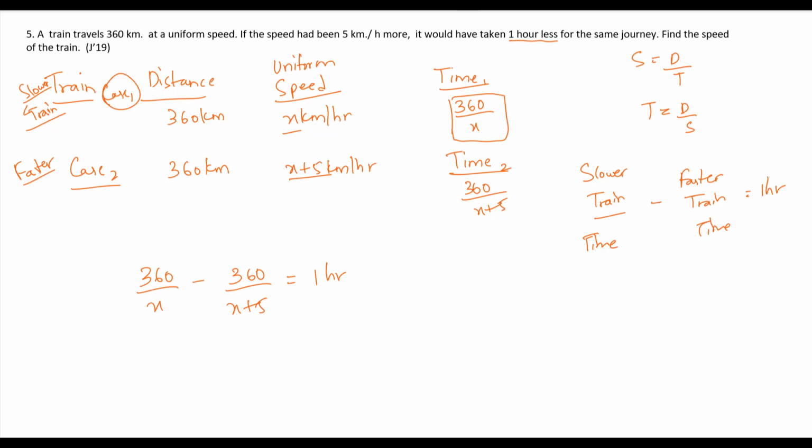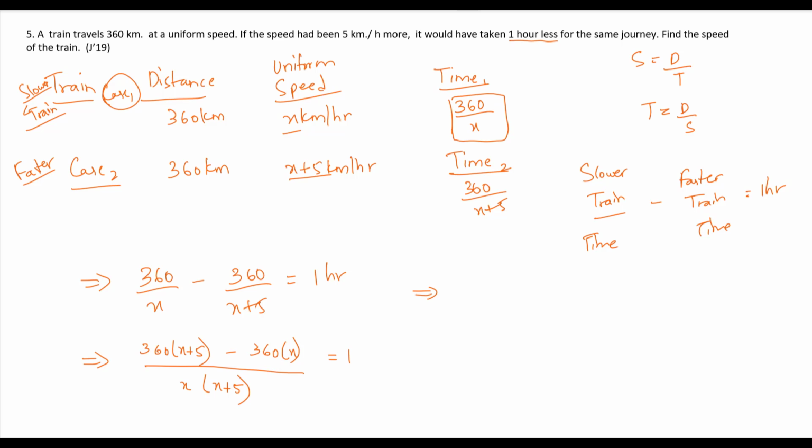On further calculation, we'll get the LCM as x into x plus 5 is the LCM. This will be 360 into x plus 5 minus 360 into x, which is equals to 1.